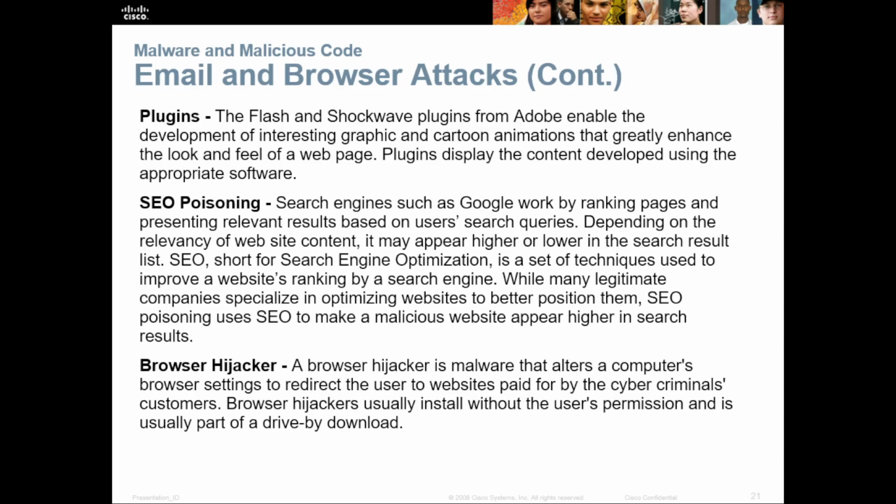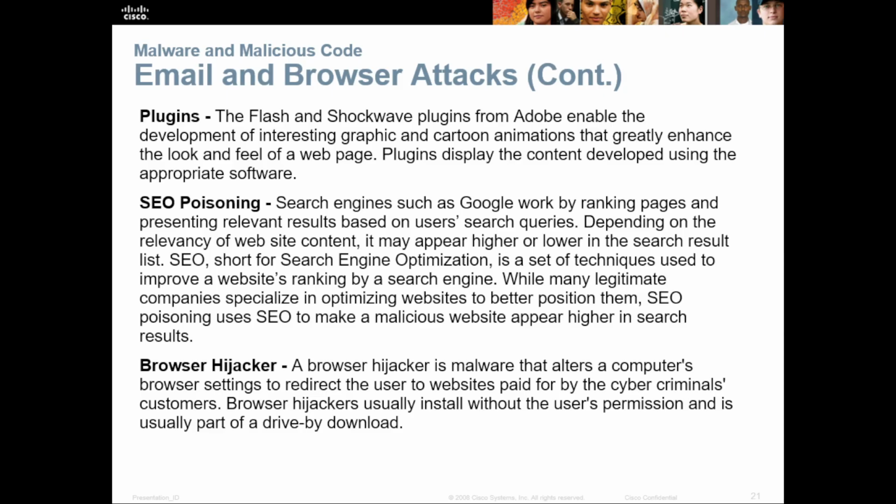So search engines such as Google work by ranking pages and presenting relevant results based on users' search queries. Depending on the relevancy of the website content, it may appear higher or lower in the search results. SEO, which is short for search engine optimization, is a set of techniques used to improve a website's ranking by a search engine.